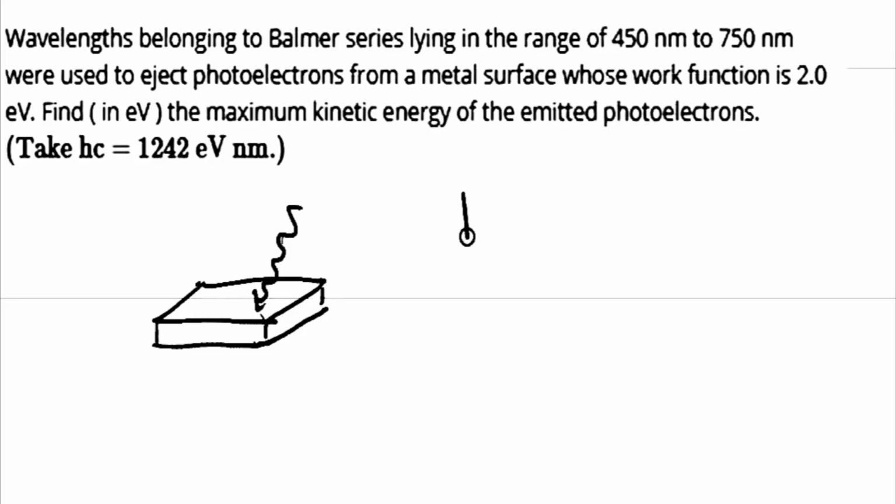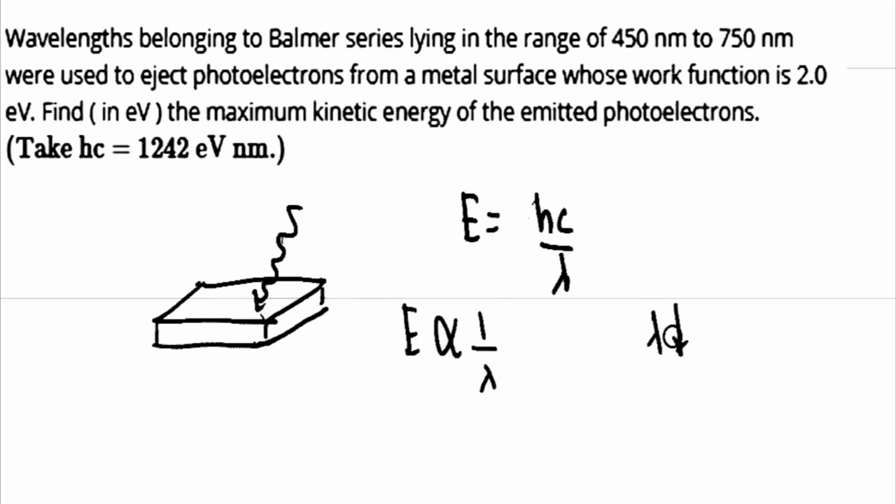Energy incident is equal to hc upon lambda, so energy is inversely proportional to lambda. That means the lower the lambda, the higher the energy. So we have to take the least lambda to find the highest energy, that is, the minimum lambda.